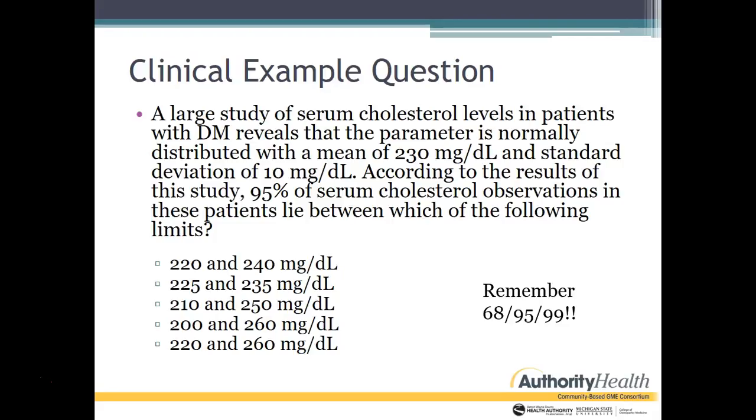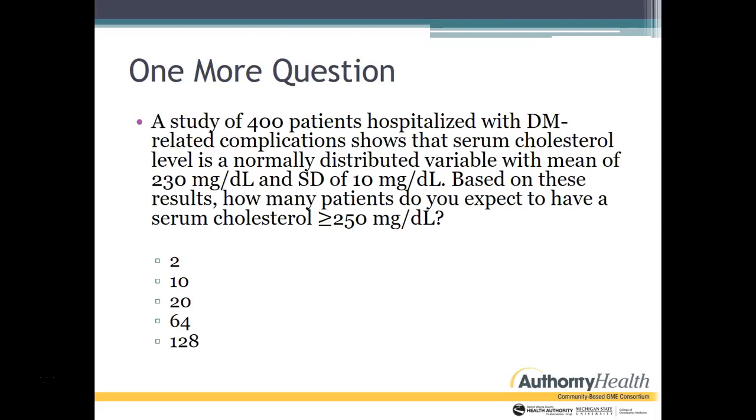So if the mean is 230 and the standard deviation is 10, 2 standard deviations will be 20, obviously. So our range will be 230 minus 20 to 230 plus 20. So that's 210 to 250, and that's the answer.